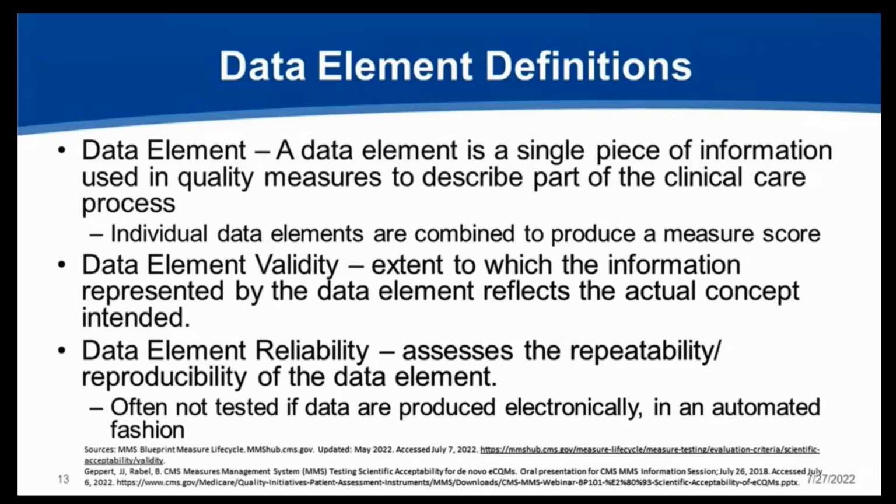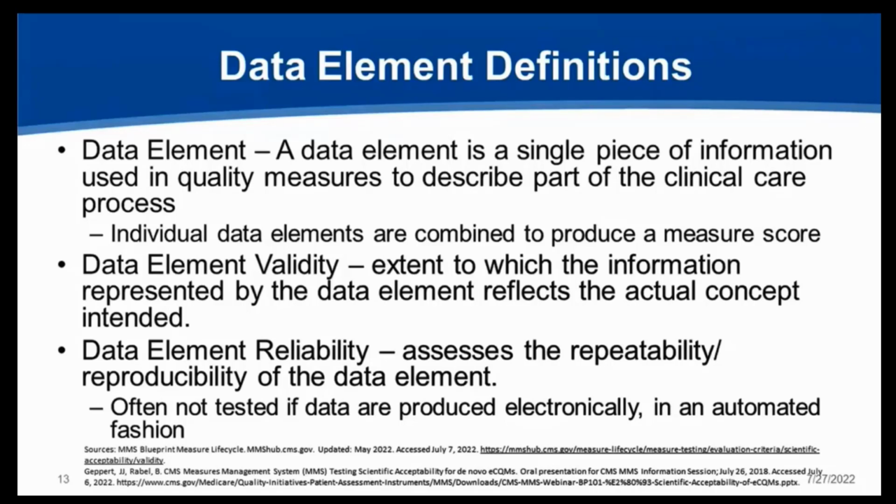Really, one way to think about a data element is that they are the building blocks of quality measures. Quality measures are composed of several components, those components being the numerator, denominator, and exclusions or exceptions. But each of those components will be made up of one or more data elements, which form the basis for each measure.